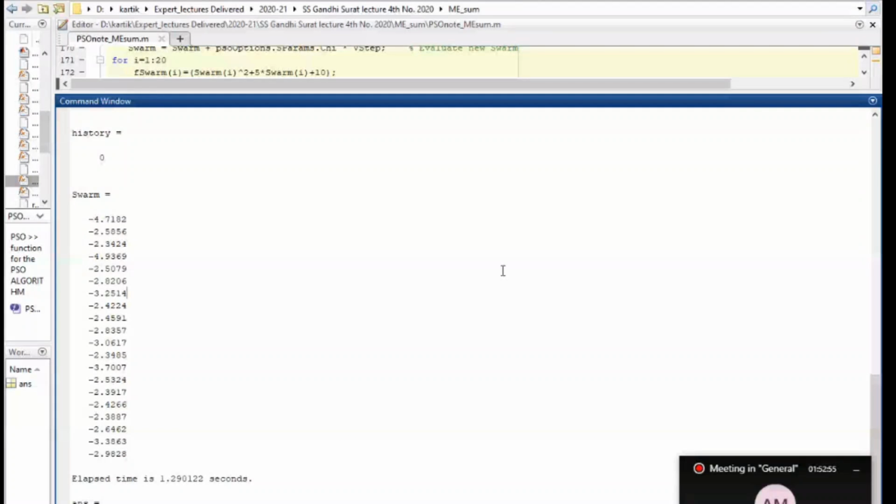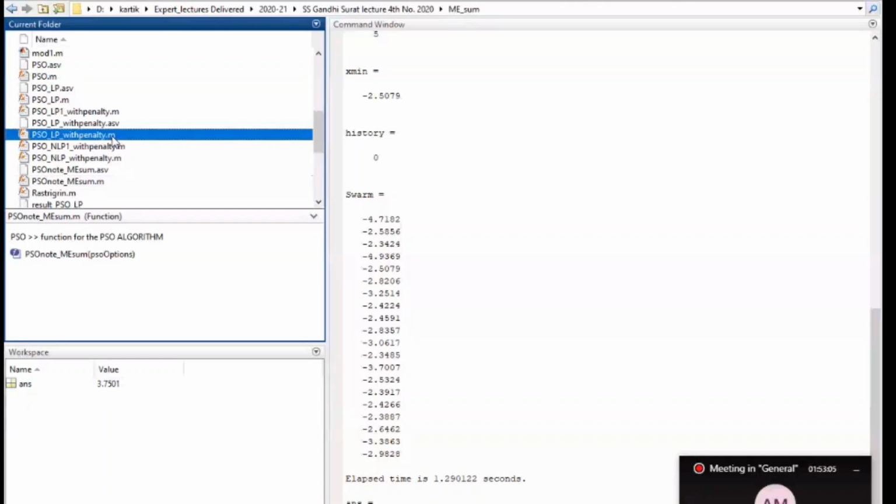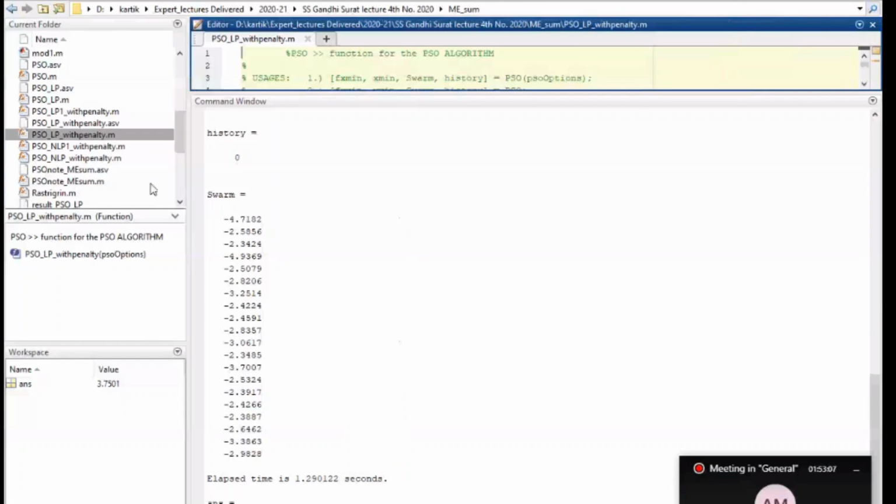So this is the case of unconstrained optimization. Now let us see the constrained optimization, PSOLP with penalty.